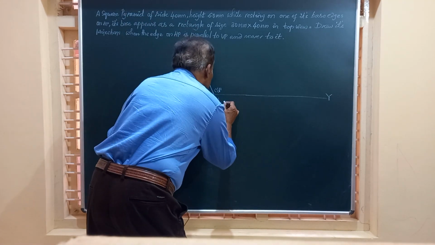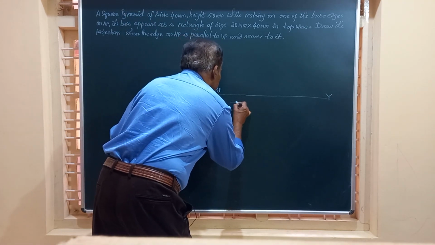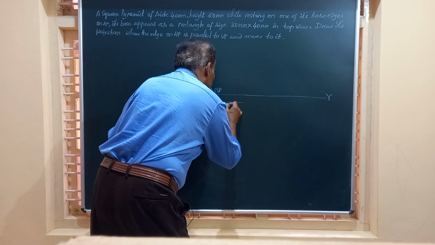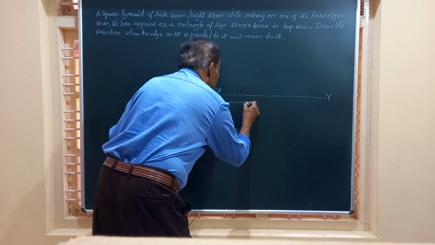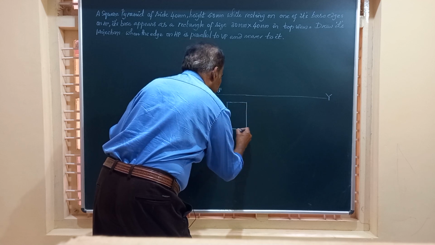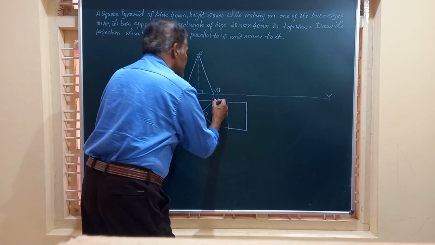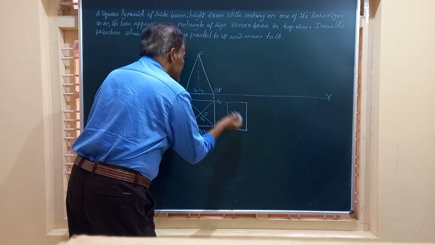So friends, since the size of the top view is given, we will construct another rectangle adjacent to this, and we will mark this as it is.